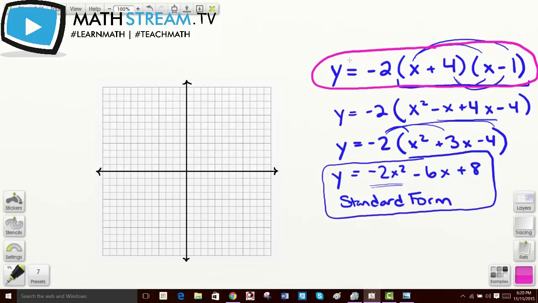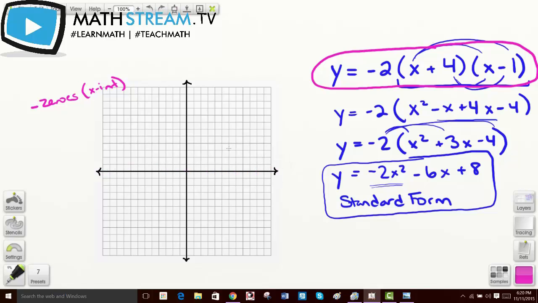Okay. Just like in the last example, I said the factored form of a quadratic is useful in finding 3 pieces of information. 4 points, but 3 pieces of information. The first important piece of information is what we call the zeros, or the x-intercepts. That's where they intersect the x-axis.